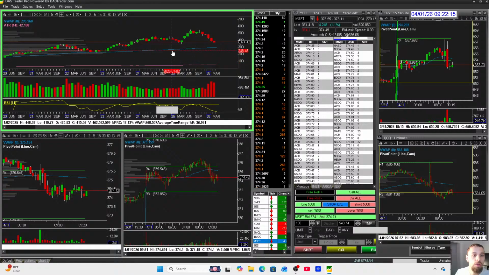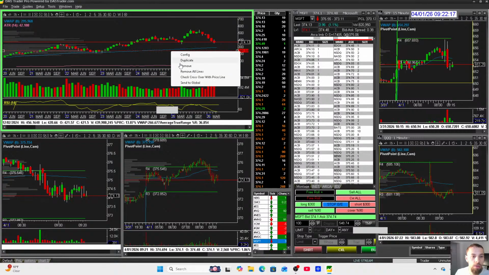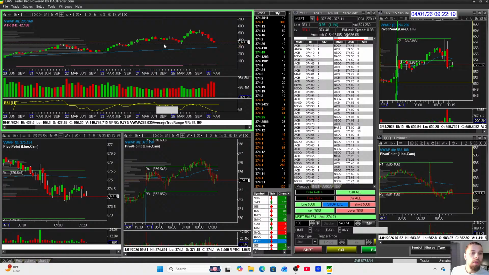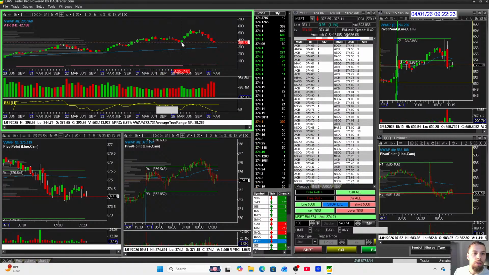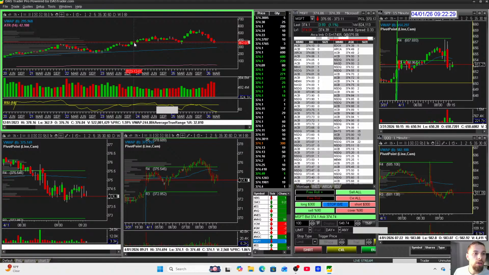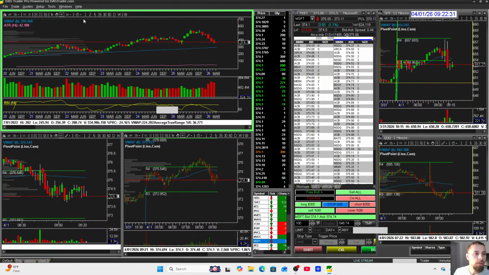Get rid of these old lines, these are so old. Bounced off a significant area of support here around this 350, 345 area. You can see the stock was consolidating here before it made another leg up. So we can just draw something there.